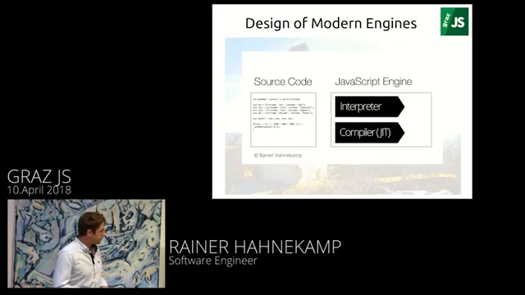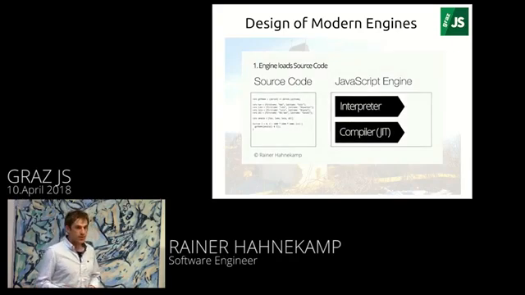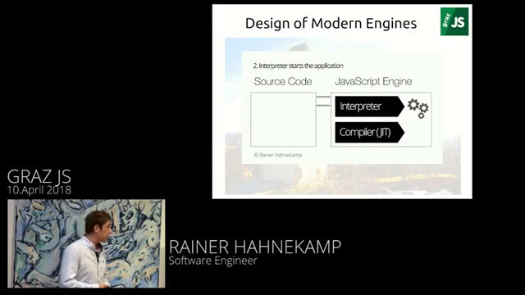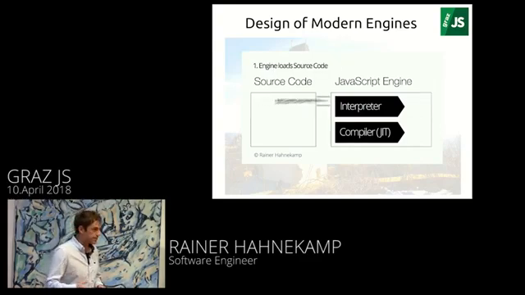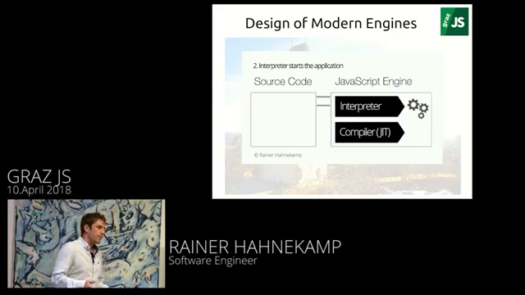This is not just a small screen. On the left side we have the source code, and on the right side you see the interpreter and the compiler, which is placed within the engine. So the first step is, of course, that the source code is loaded into the interpreter, and the interpreter, as I said before, immediately starts with the execution. So the application runs. As the interpreter executes the program, it knows which parts are executed very often, and it marks these parts as hot code.